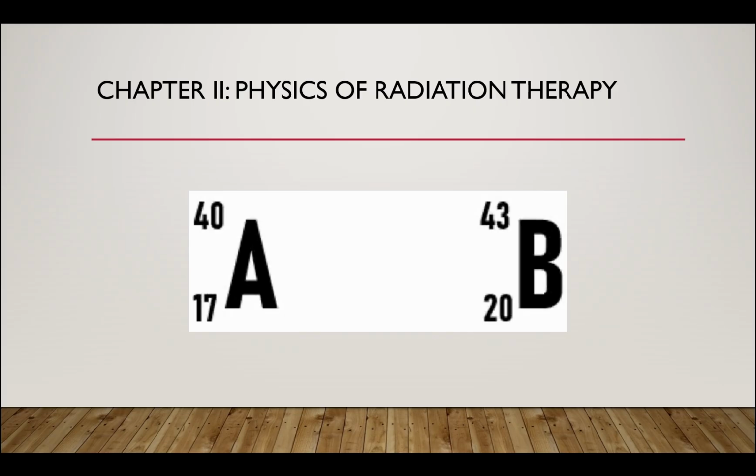What happens here is that the element only releases the excess energy. Okay, so that is the isomeric transition. So from technetium 99m, magiging technetium 99 na lang siya. So yung letter M, which stands for metastable or the excess energy, kapag nag-undergo ito ng transition, i-release niya ang kanyang excess energy. So magta-transform siya into technetium 99.